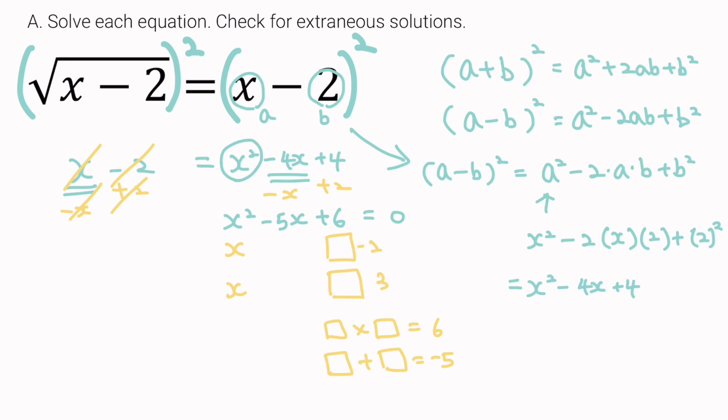Negative 2 and 3 when multiplied will give me negative 6. How about negative 2 and negative 3? When multiplied, I'll get positive 6, and when added together, will get me negative 5. Okay, so negative 2, negative 3 works.